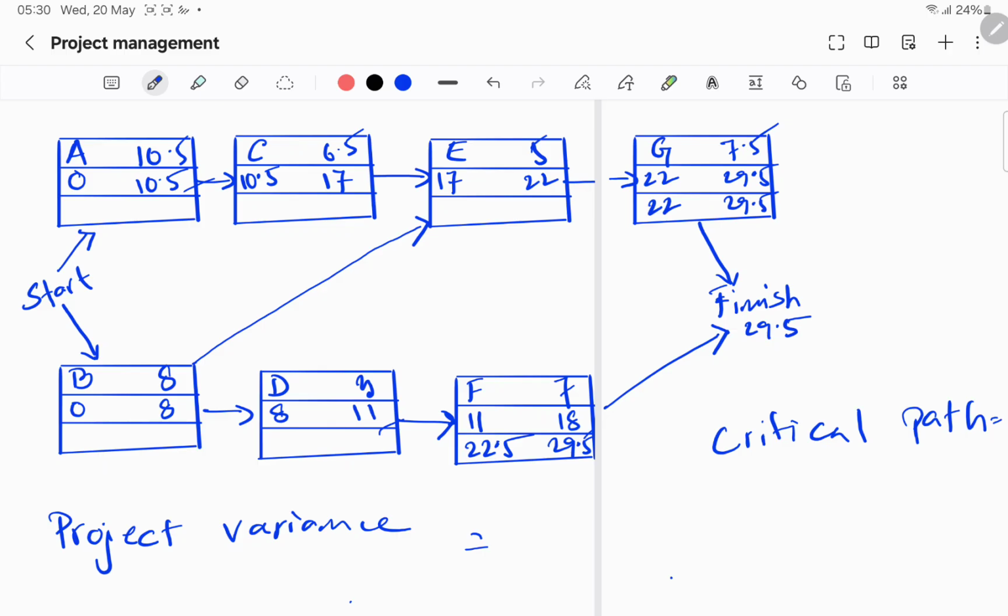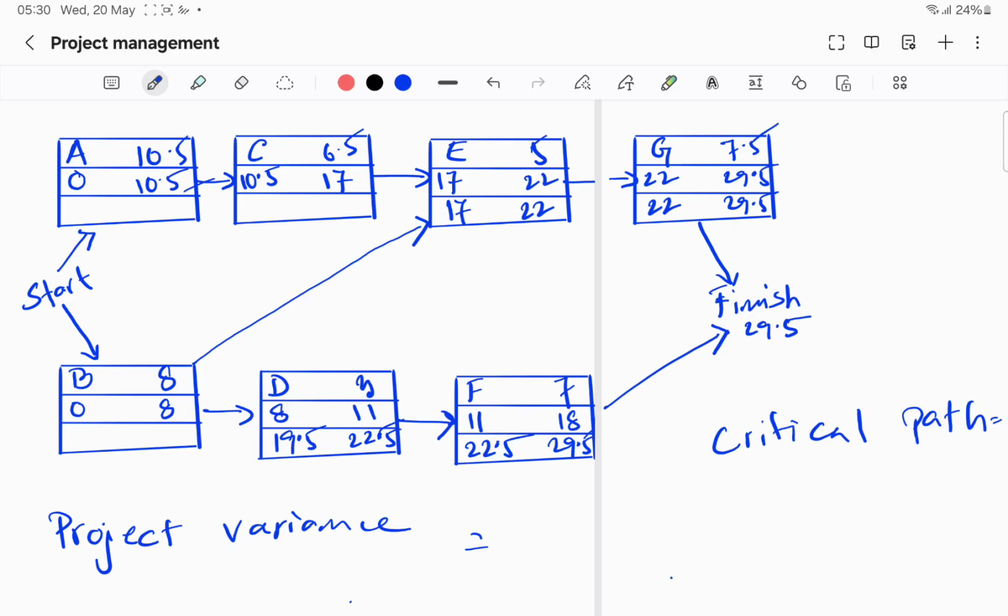For G to E, 22 minus 5 is 17. And for F to D, 22.5 minus 3 is 19.5.